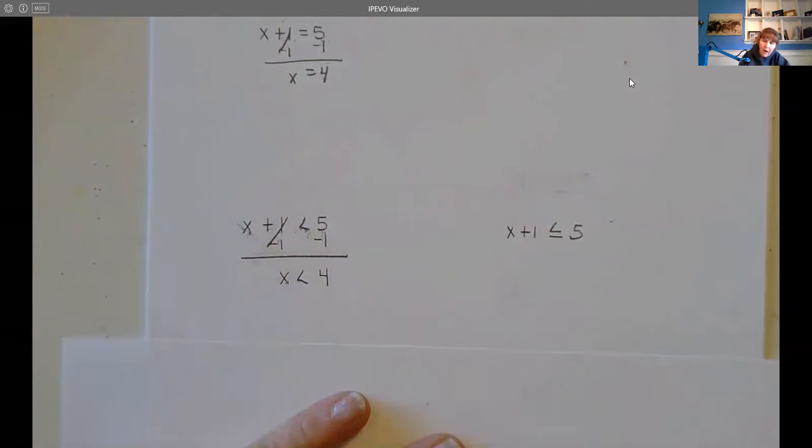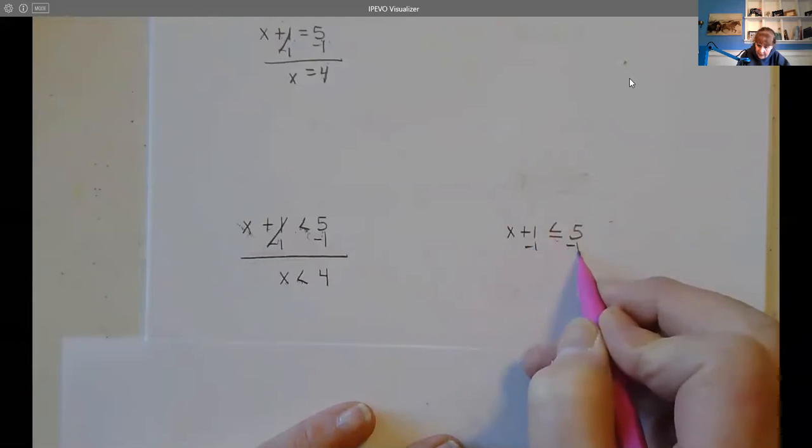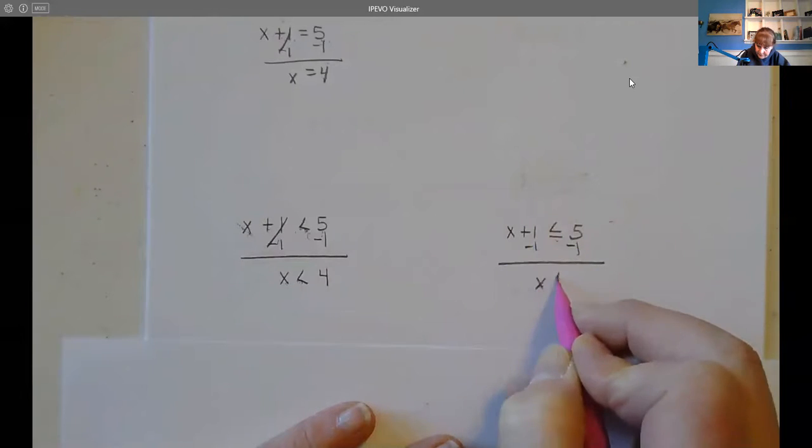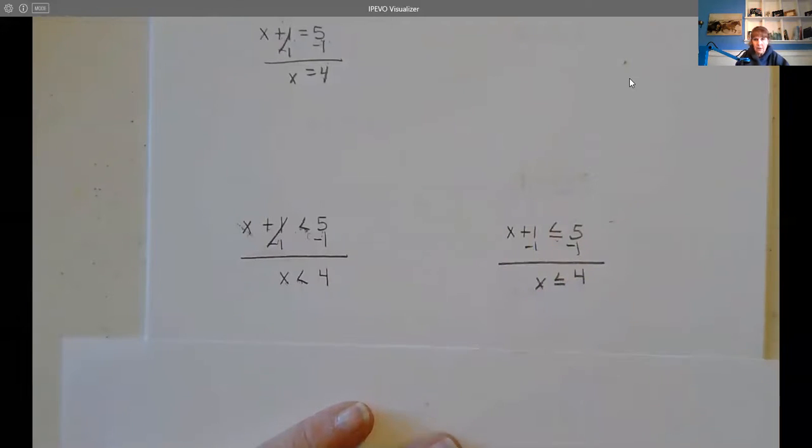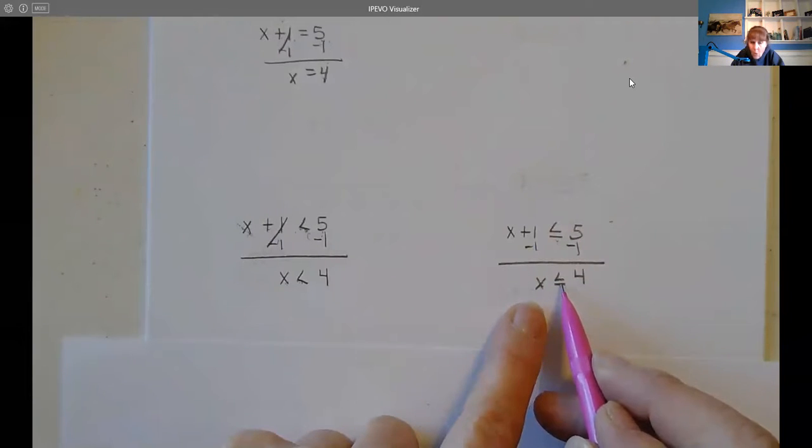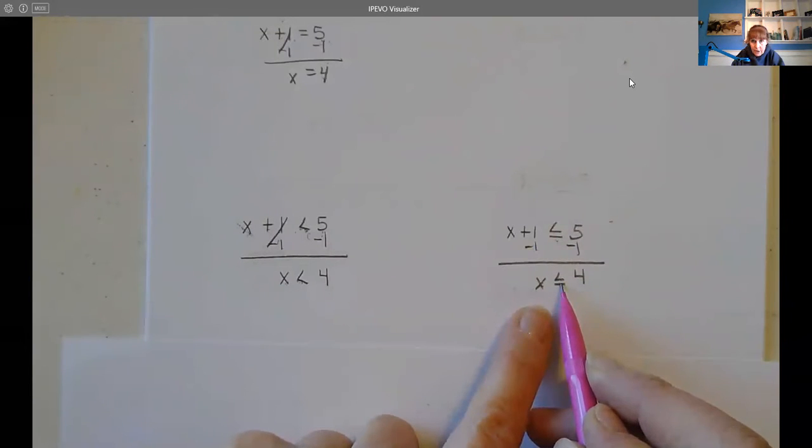Okay, so we've solved that, but we haven't displayed the solution graphically yet. I mainly want to talk about these right here. This one's slightly different, and it has that bar underneath. What that bar means, if we were to solve it just like we did the last one, subtracting 1, is that 4 could be a solution here. 4 is included in the solution.